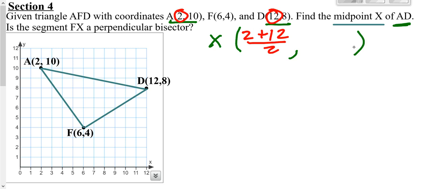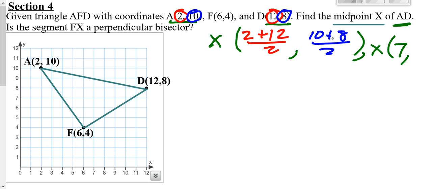Then we also need to add together our two y values of our points: 10 plus 8 divided by 2. So in other words, we get X to be the point. We add together the red, we get 14 over 2, which is 7. We add together the blue, we get 18 divided by 2, we get 9.